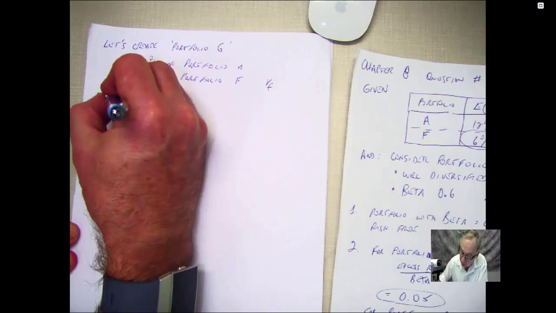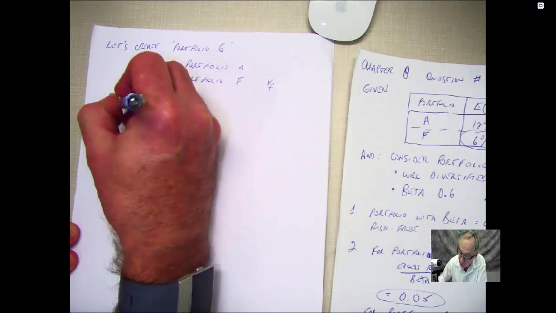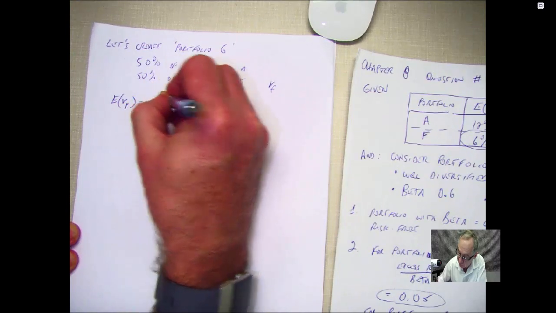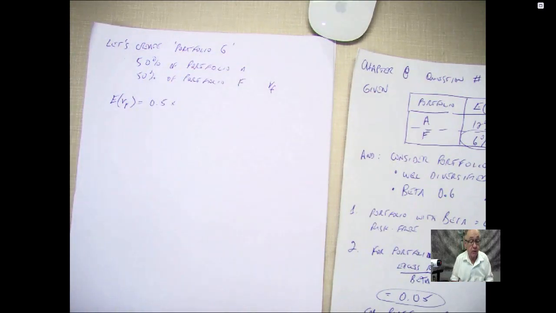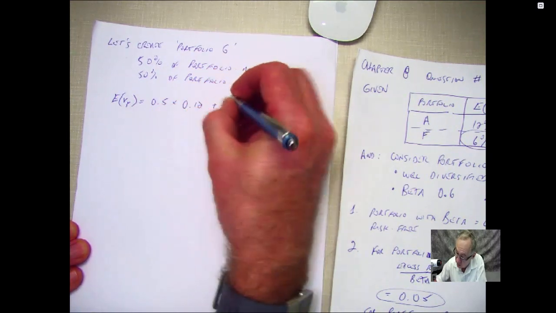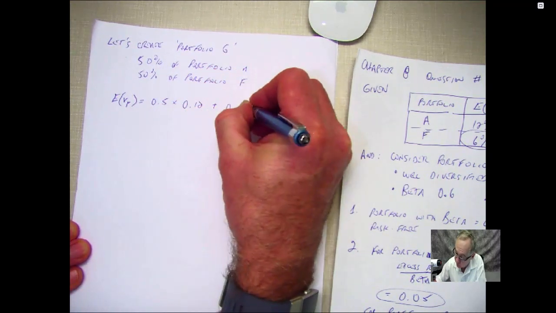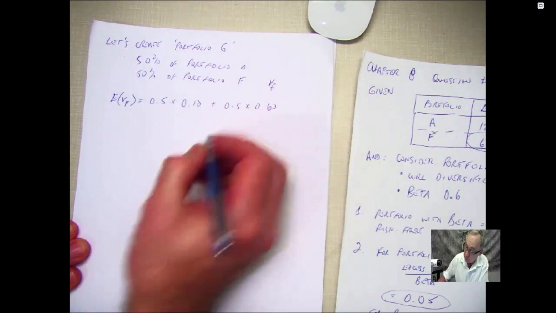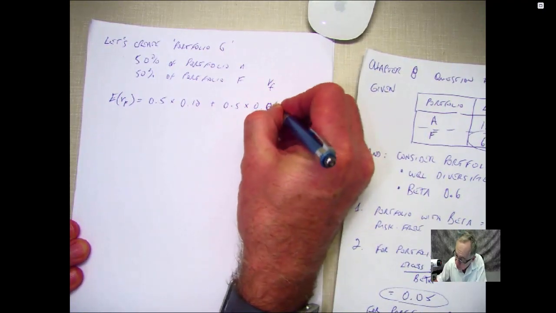So this will give us our expected return on G is going to be 0.5 times the expected return on portfolio A, 12%, plus 0.5 times the expected return on F, or the risk-free rate, 0.06.